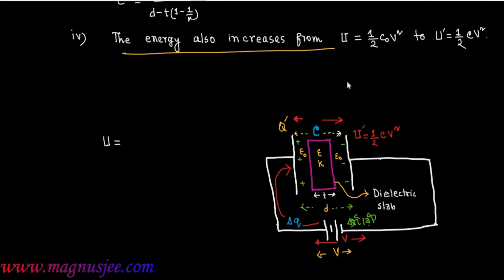In this case, the initial energy stored by the capacitor was half C naught V squared before introduction of the dielectric slab, U equal to 1 by 2 C naught V squared.